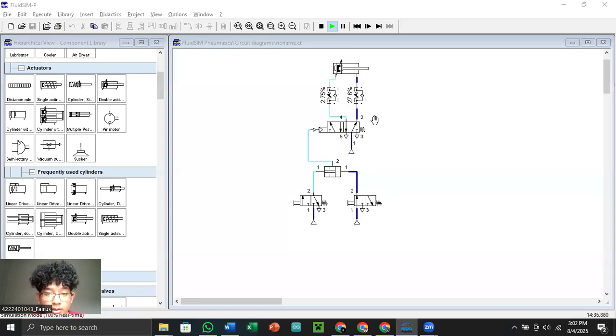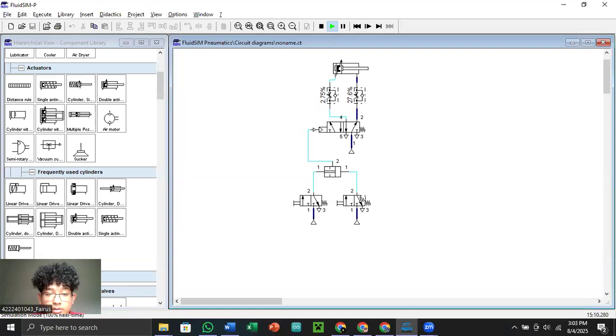So I will explain how the circuit diagram works. At the beginning of the circuit, there are two push buttons, each a 3/2 normally closed valve. When either button is pressed individually, compressor air flows out of the button.